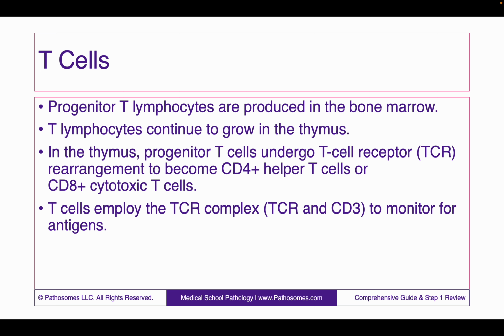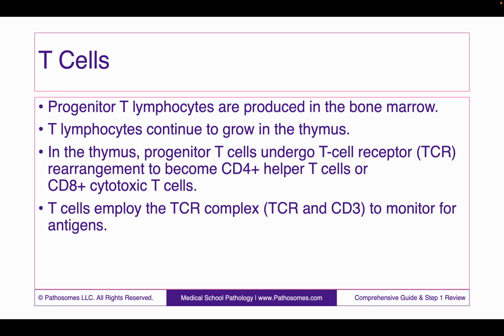We can't talk about chronic inflammation without talking about T cells. Progenitor T lymphocytes are produced in the bone marrow. T lymphocytes continue to grow and learn and become educated in the thymus. In the thymus, progenitor T cells undergo T cell receptor rearrangement and become CD4 positive helper cells or CD8 positive cytotoxic T cells.